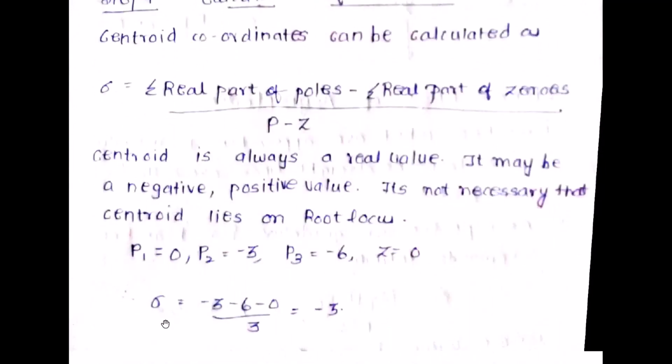Hence I am substituting 0, minus 3, minus 6. The real part of zeros will not exist because there are no zeros. Hence there is minus 0 upon p minus z. The number of poles is 3, number of zeros is 0, hence p minus z is 3 minus 0, that is 3. That is minus 3. I hope I am very clear with this.